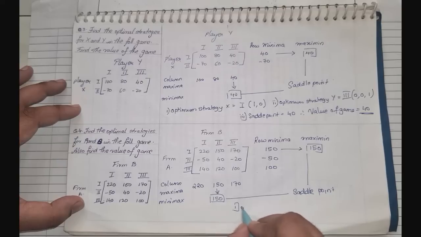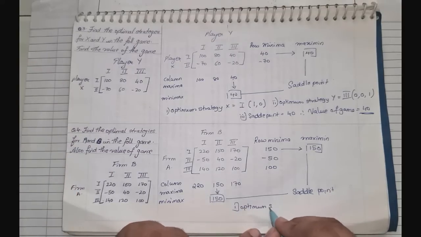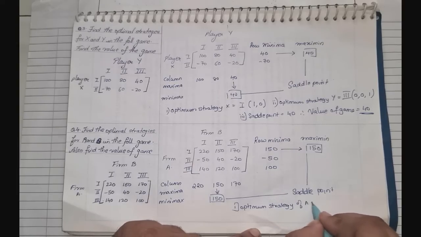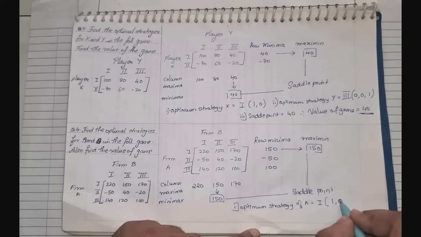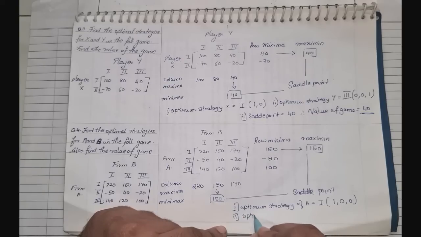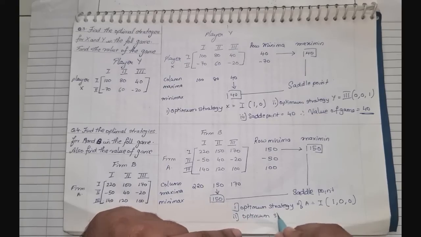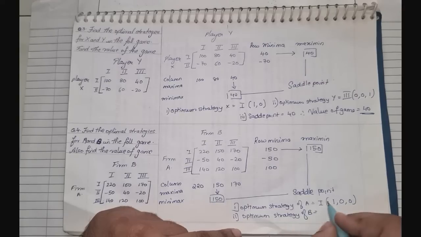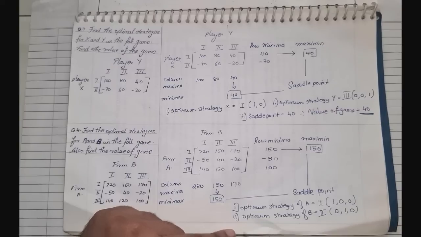Number 1, the optimum strategy of firm A was the very first one, so it will be 1, 0, 0. For the second, the optimum strategy of B was the second one, so it will be 0, 1, 0.